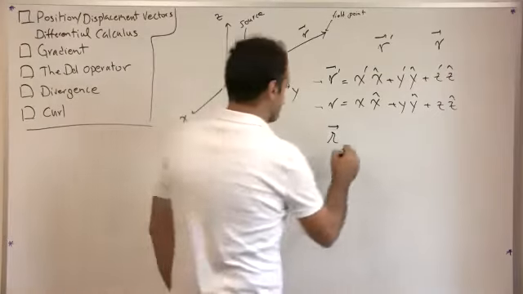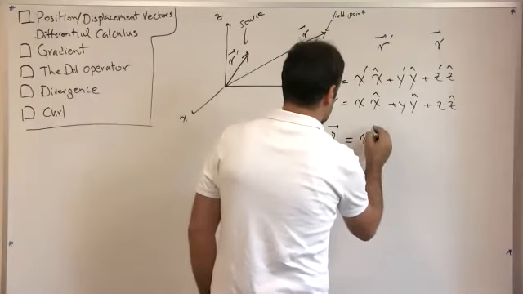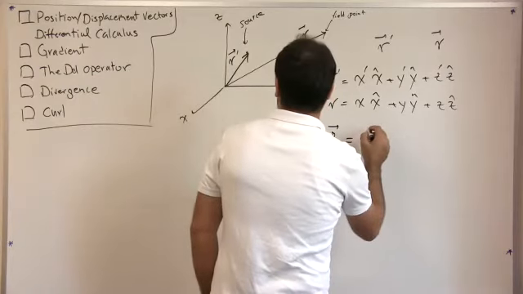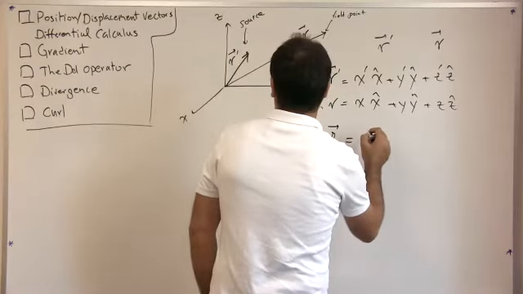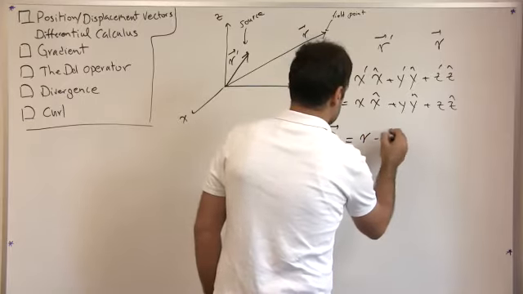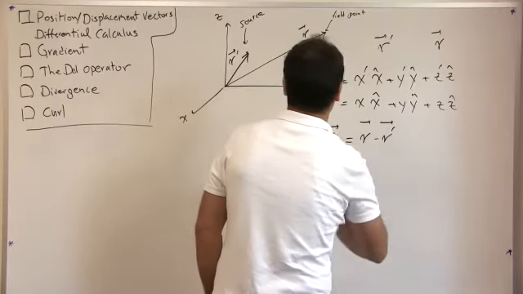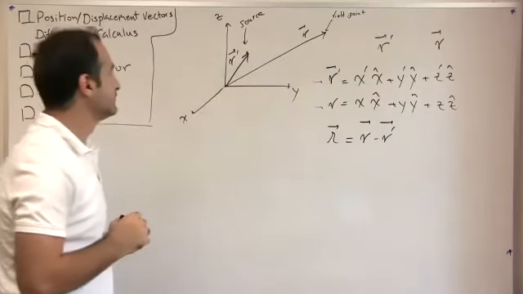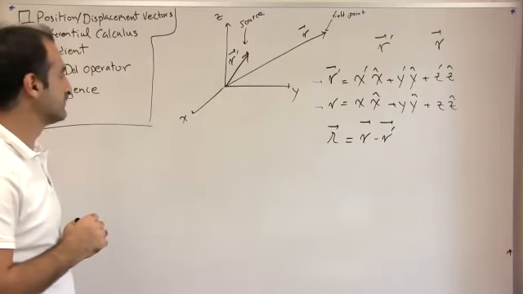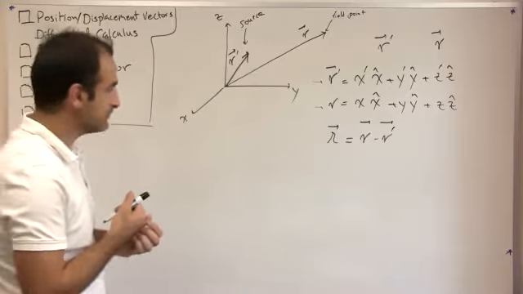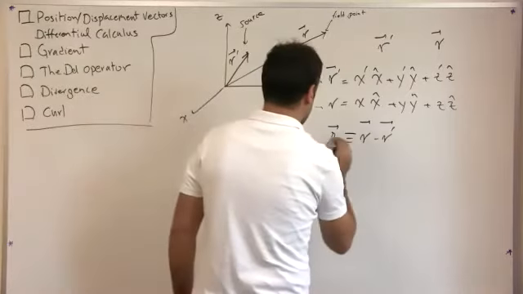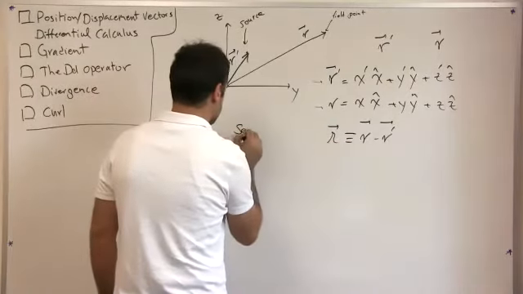And that is r minus r prime, okay? And this is defined as the separation vector.